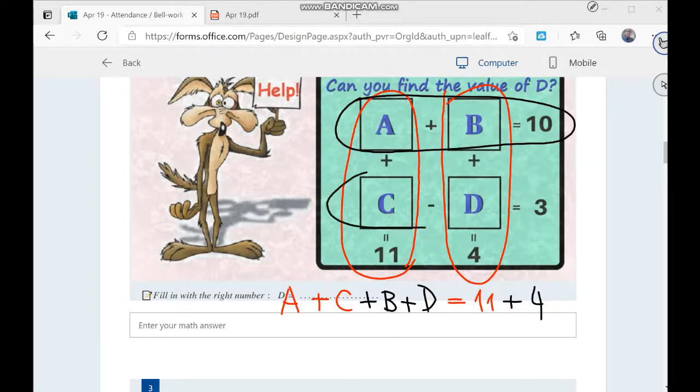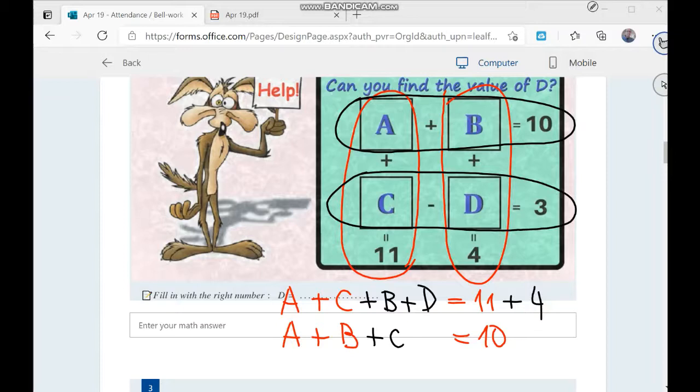So A plus B equals 10, and C minus D equals 3. Okay? And what I will do is apply the addition method. You can add or subtract both equations, and you're going to find an equality.